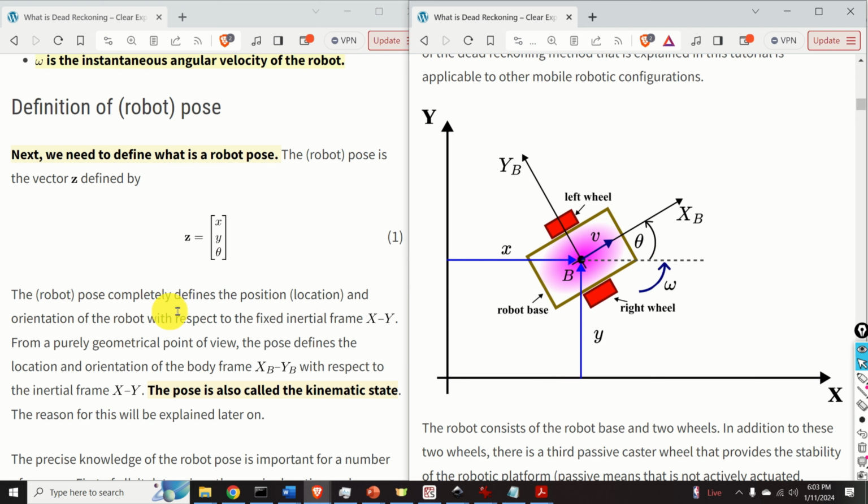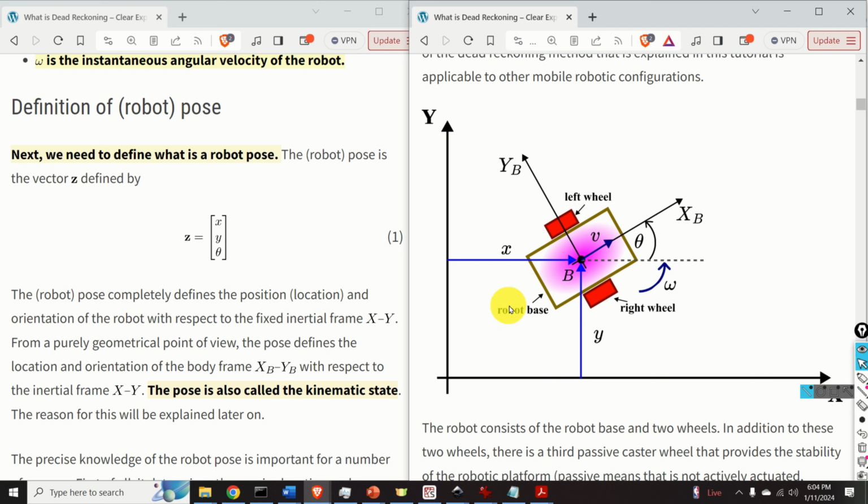The robot pose completely defines the position or location and orientation of the robot with respect to the fixed inertial frame x and y. From a purely geometrical point of view, the pose defines the location and orientation of the body frame xb, yb with respect to the inertial frame x and y.